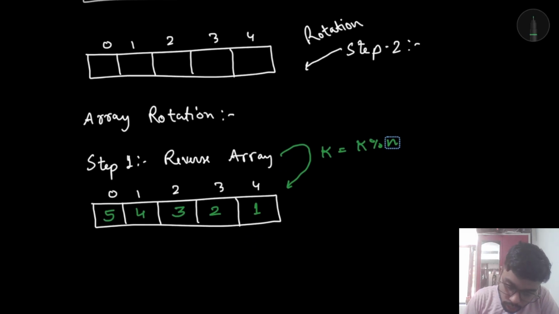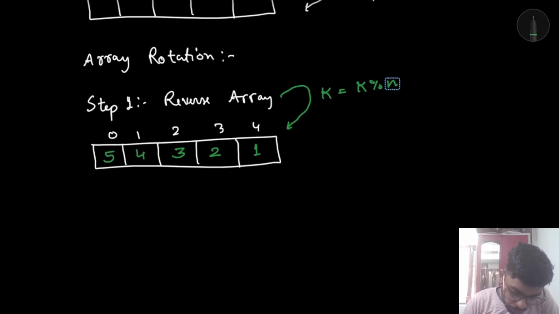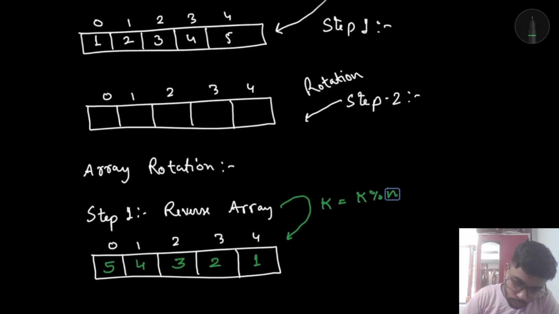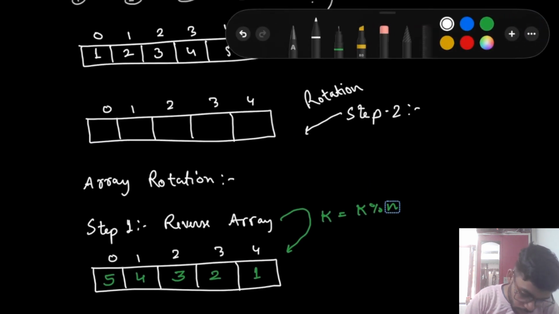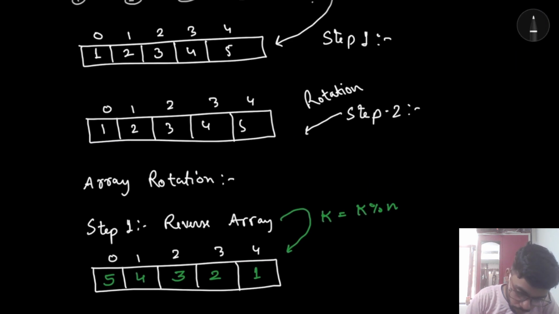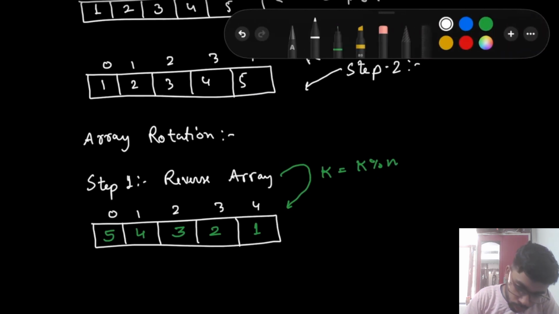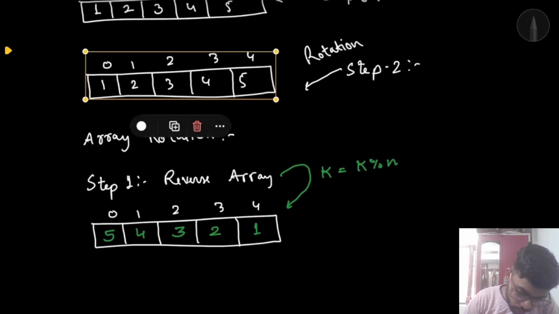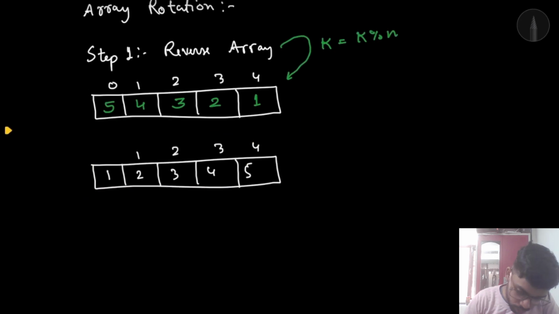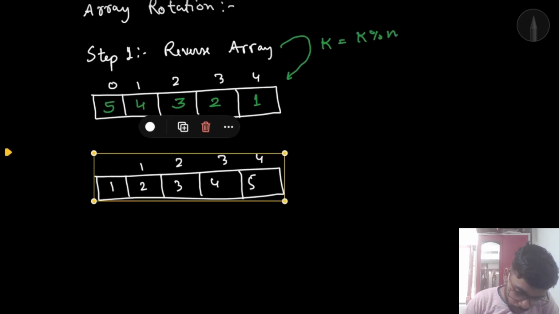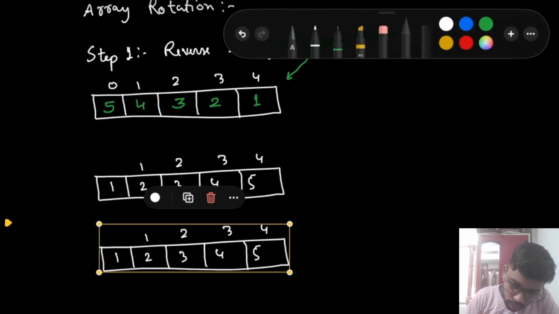because k may be larger than the size of the array. So we can use this so that we don't have to rotate needlessly. Let me make it clear by taking this array as an example: 1, 2, 3, 4, 5.